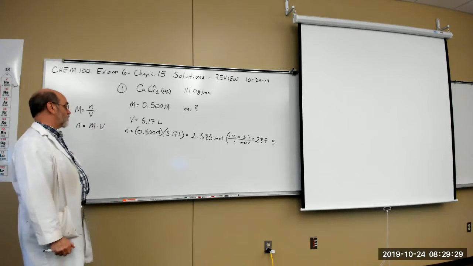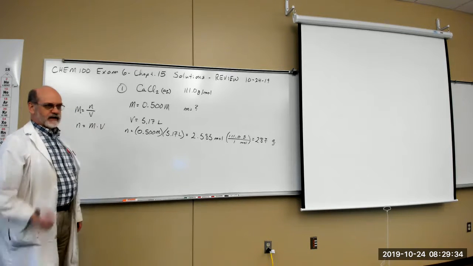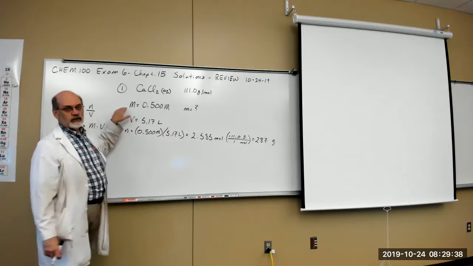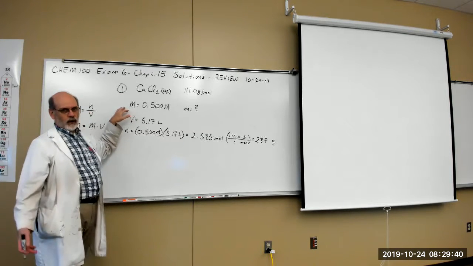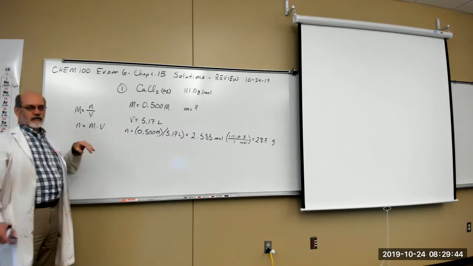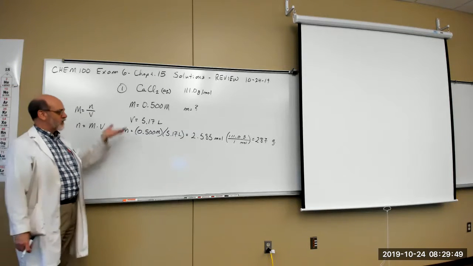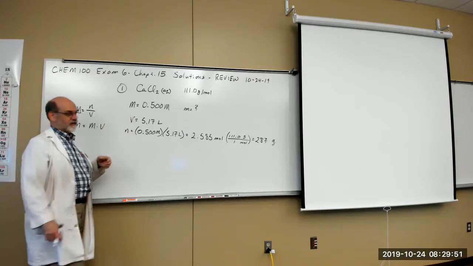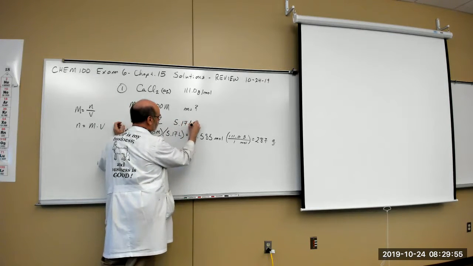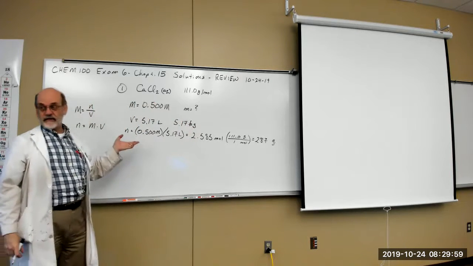The other thing you can do, I have done this before, you know the density. If your solution is dilute, you can assume the density is that of water. And you can calculate the final weight of your solution. All right, so that would be 5.17 kilograms, because the specific gravity of water is 1.